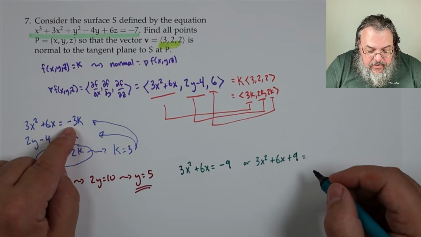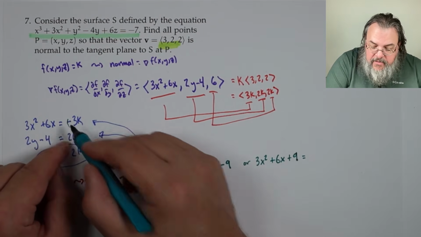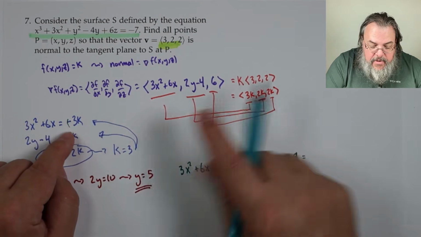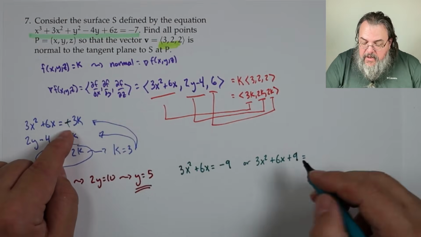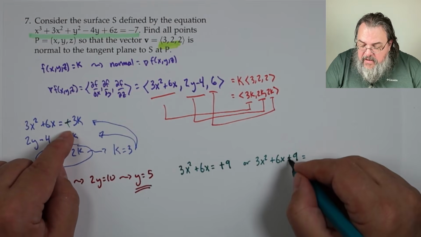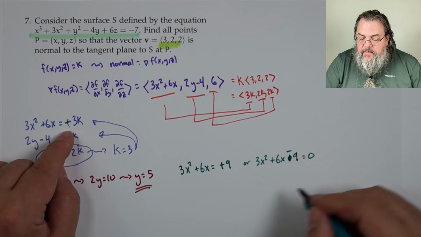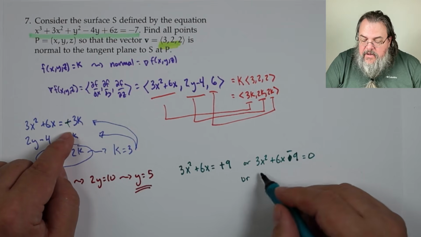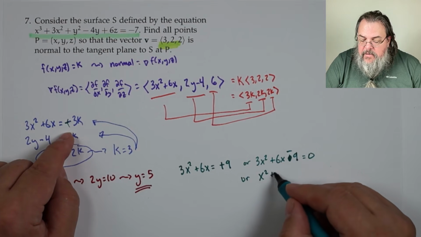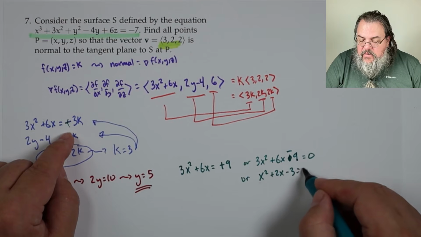Why did I say negative 3k here? This is positive 3k. I am so sorry, I don't know why I put negative 3k there. So we move that across: 3x squared plus 6x minus 9 equals 0, or, dividing by 3, x squared plus 2x minus 3 equals 0.